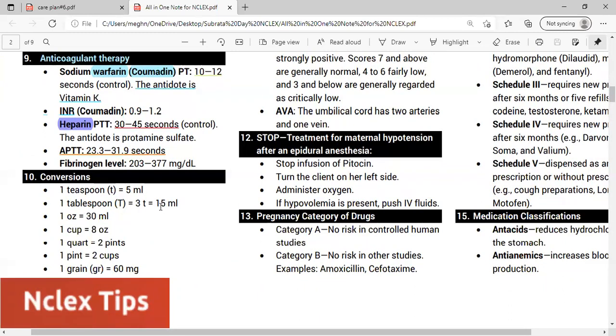Tablespoon equals 15 ml. 1 ounce equals 30 ml, right? Sometimes we say my patient took 1 ounce of orange juice, meaning 30 ml of orange juice. 1 cup equals 8 ounces, right?